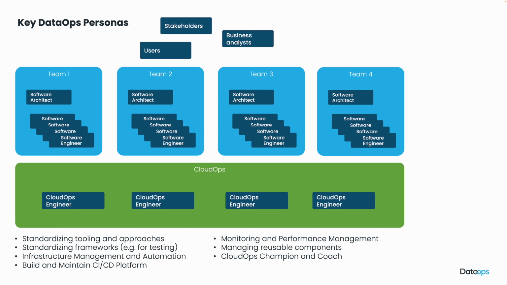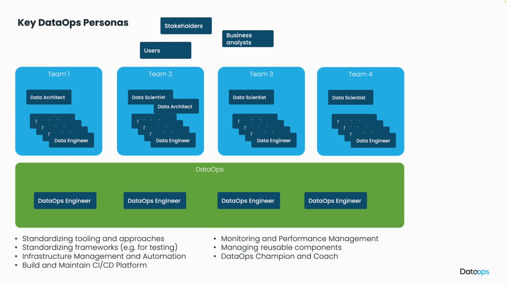So if we want to make a prediction, the prediction I made 2 years ago about where DataOps was going was something like this: we would have multiple teams with some data scientists, some data architects and some data engineers, and they may well be embedded into business teams, so they'll have non-technical business users as well.